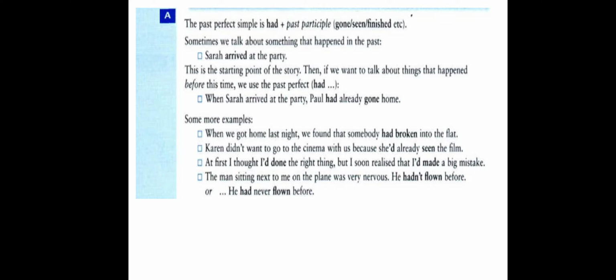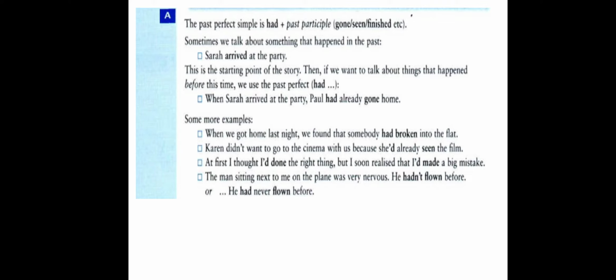So we can use the past perfect in a series of actions in the past, but we don't start with the first action. We start with the second. Then, to go back to the first action, we use the past perfect to show that this is the first one. This is the action which preceded the action where we started our story.